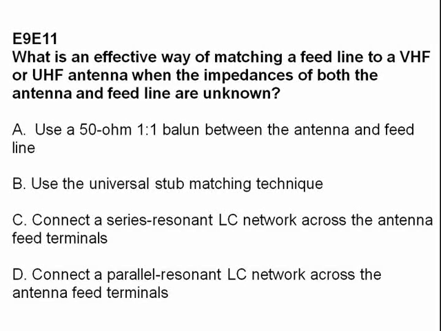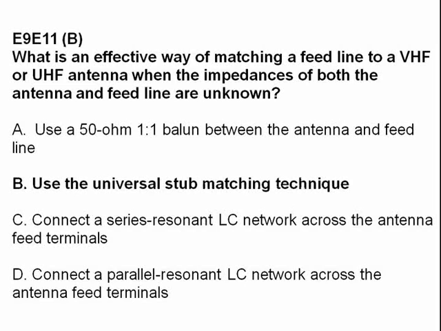C. Connect a series resonant LC network across the antenna feed terminals. Or D. Connect a parallel resonant LC network across the antenna feed terminals. The answer is B. Use the universal stub matching technique.